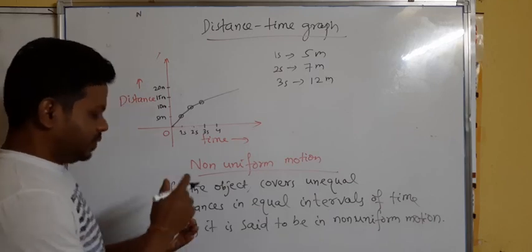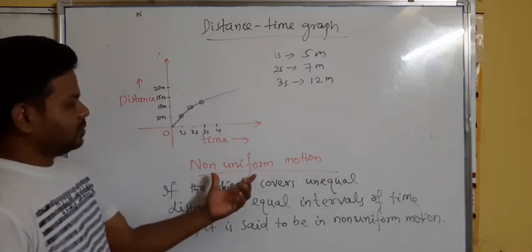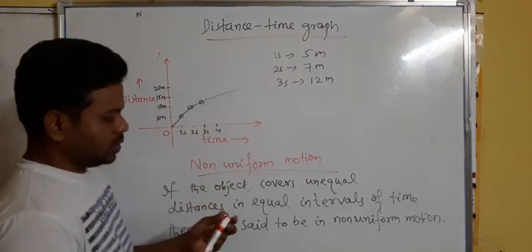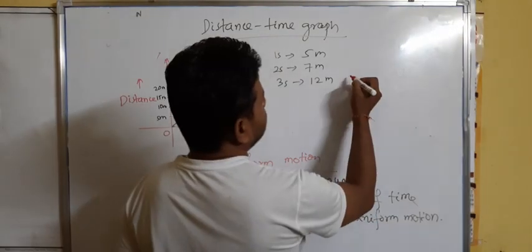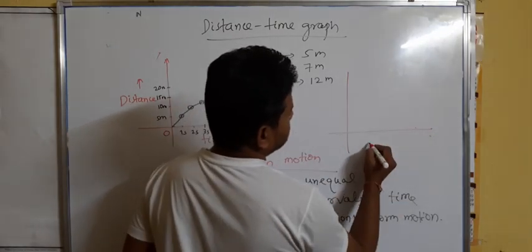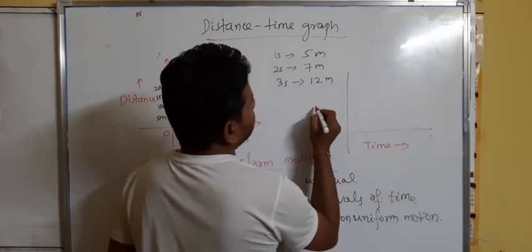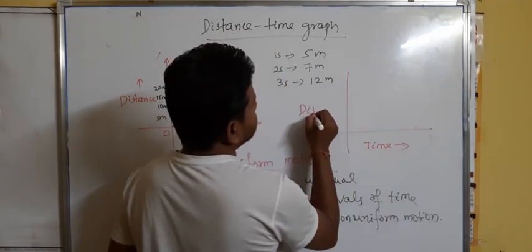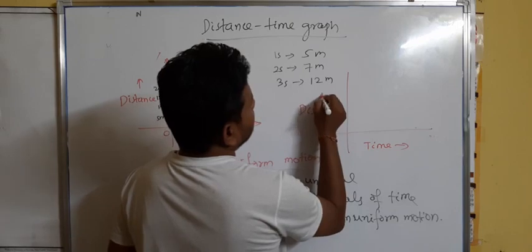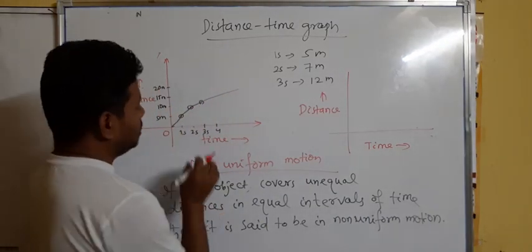Again I am telling, if the question asks to draw a distance time graph of a non-uniform motion, then simply write time on the x-axis and distance on the y-axis. No need to mention all the data here.